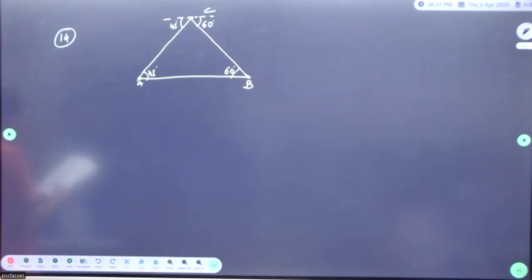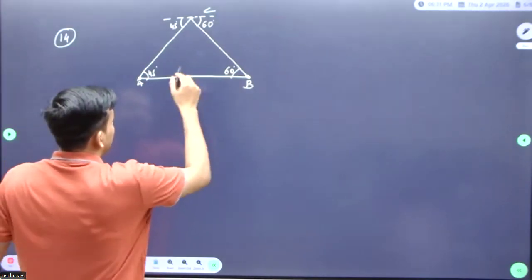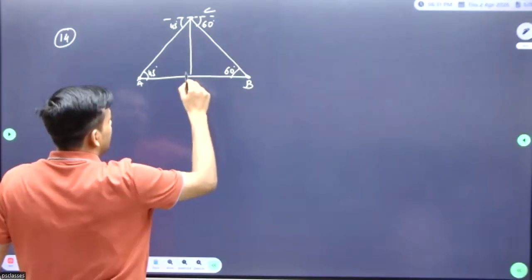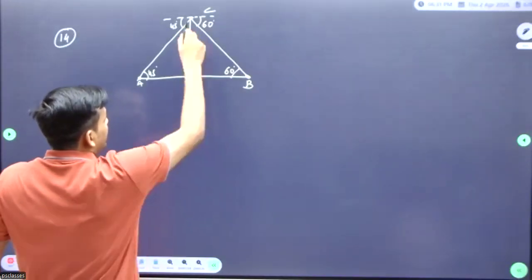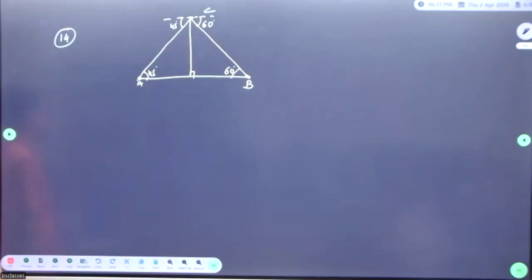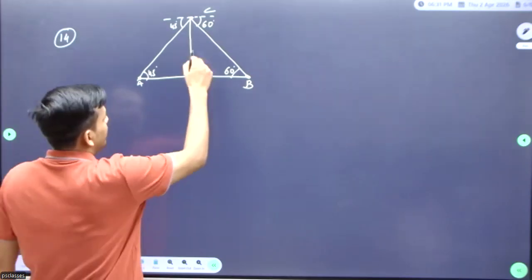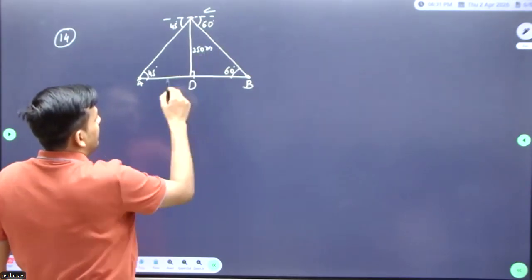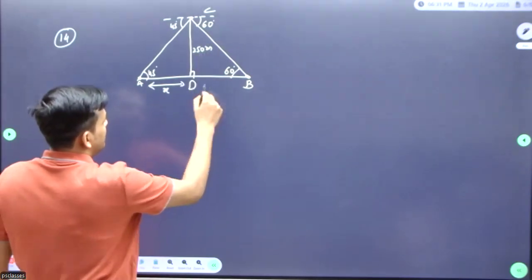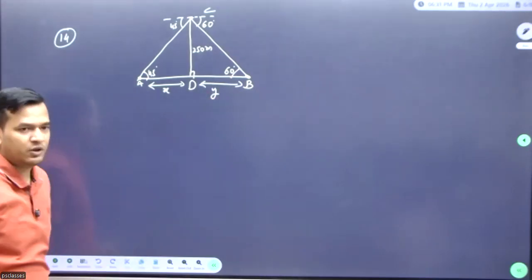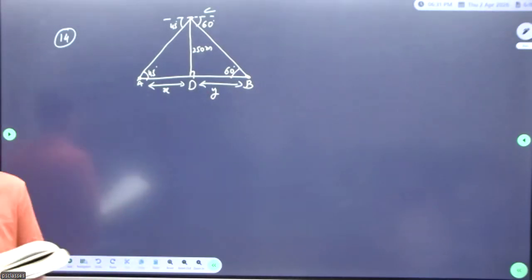And we have to find the width of the river. So let the width of the river be x. Suppose this is the height of the aeroplane, that is 250 meter. So h is 250 meter. Let's say this is x and this is y. So the width of the river is equal to x plus y.